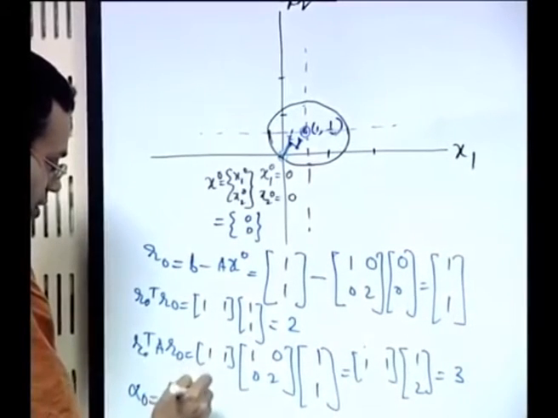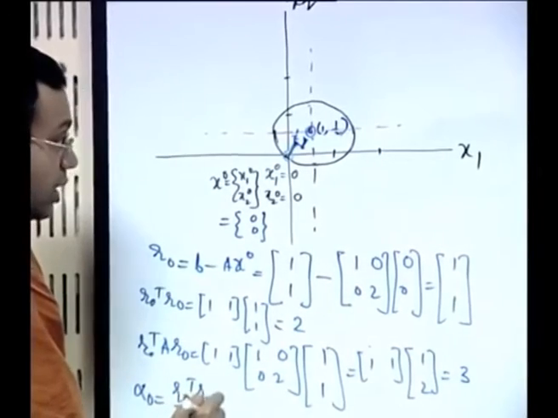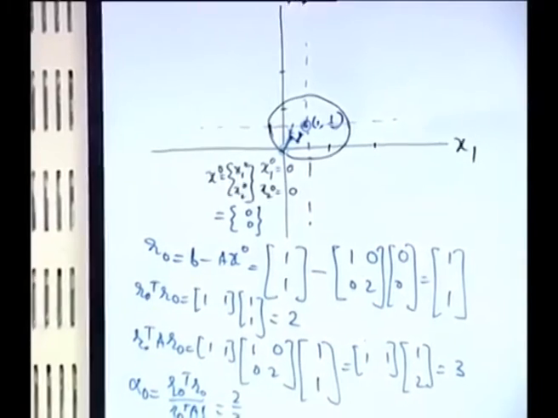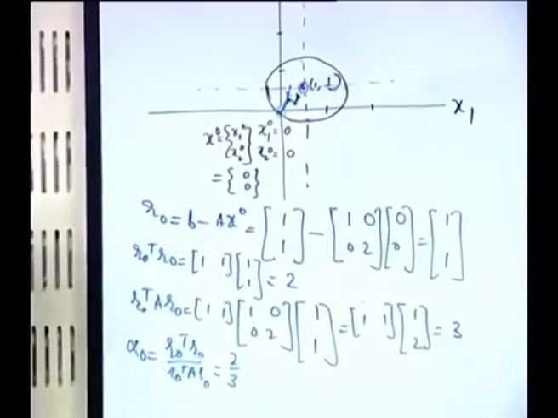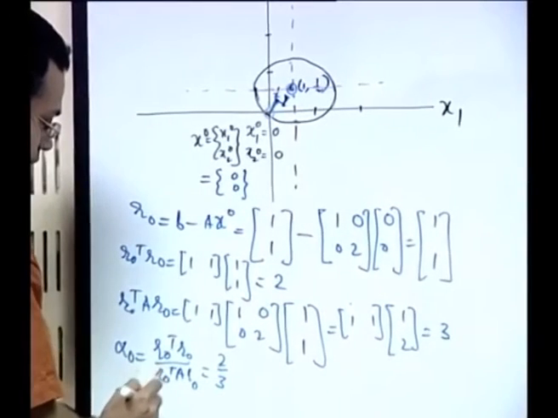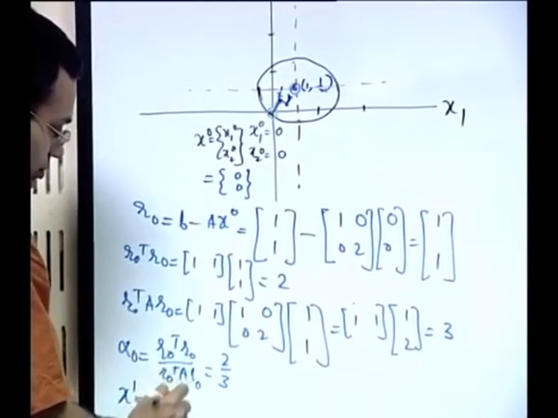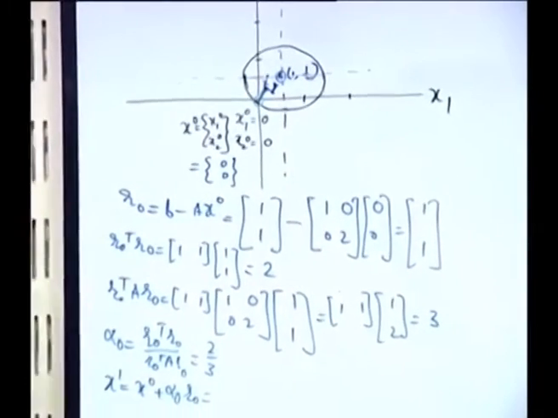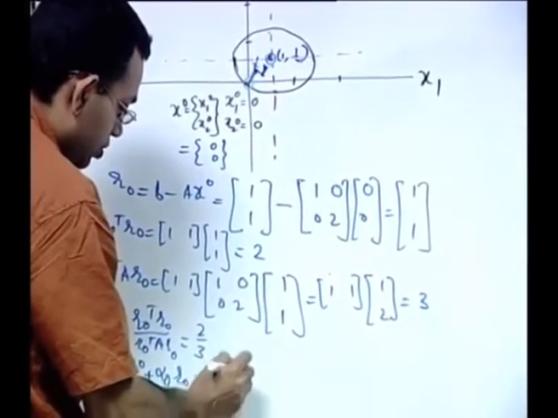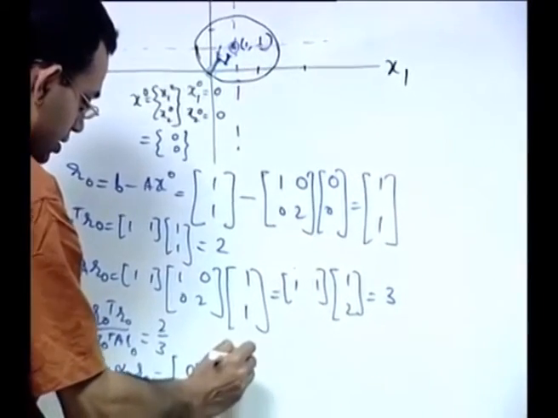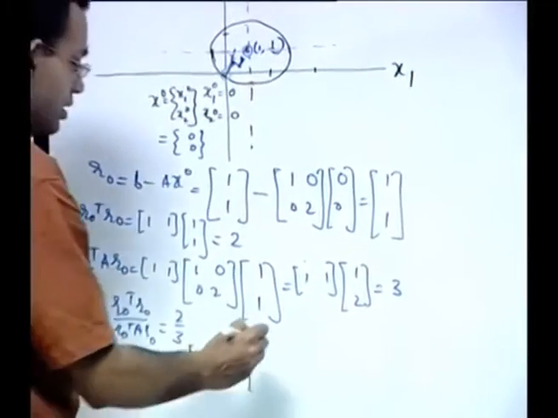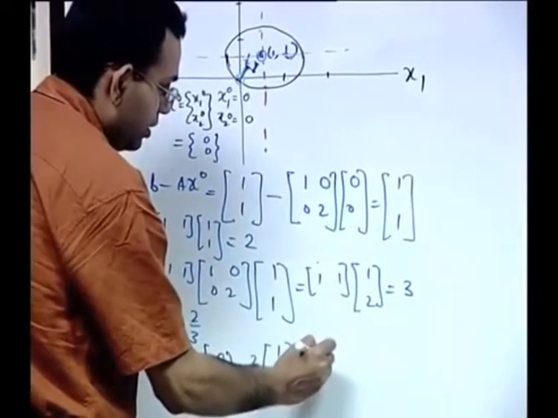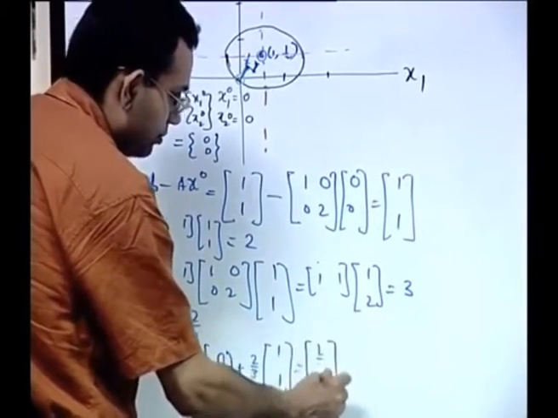R0 transpose R0 by R0 transpose A R0. So that is 2 by 3. So what is x1? It is equal to x0 plus alpha 0 R0. So that is 0 0 plus 2 by 3 into R0, which is 1 1. So 2 by 3, 2 by 3.